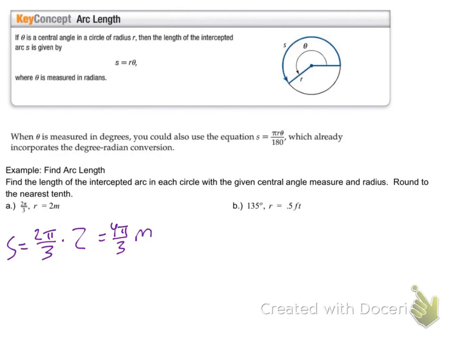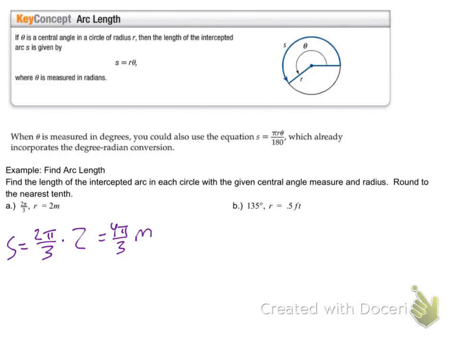Now this is the exact value. We're not looking for the exact value. We're actually looking for the approximation to the tenth, the decimal. So you have to take your calculator out and do 4 times pi divided by 3. Now I can pretty much estimate the value. Pi itself is 3.14.